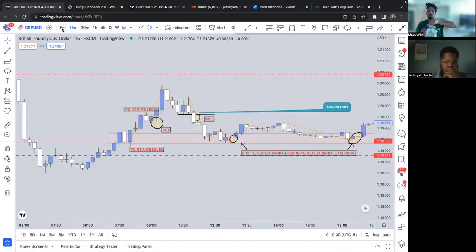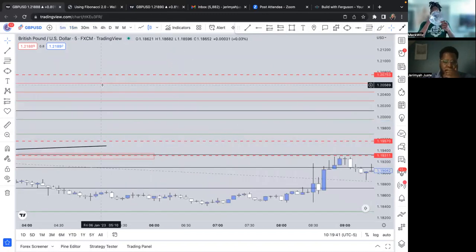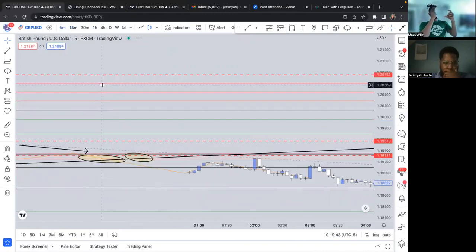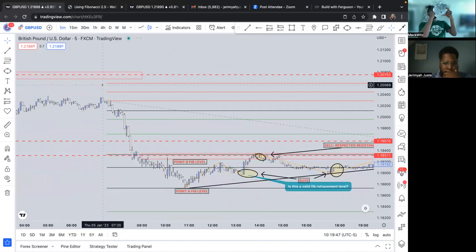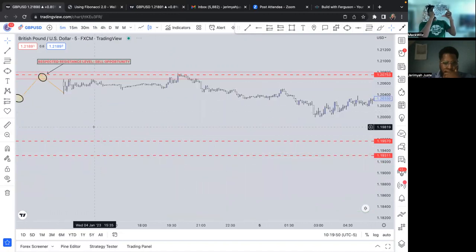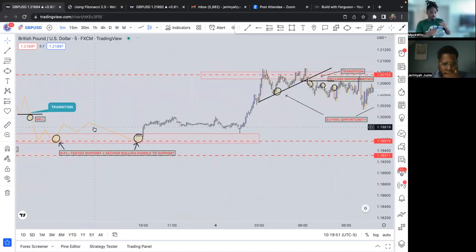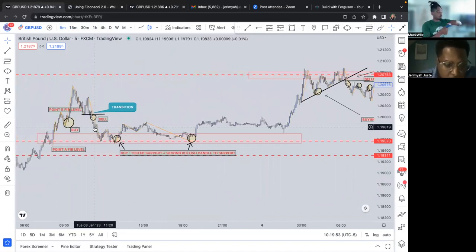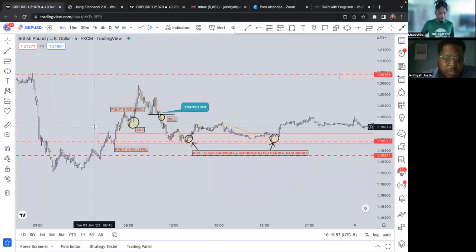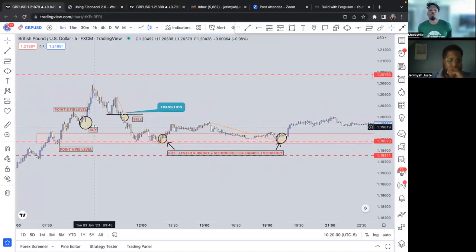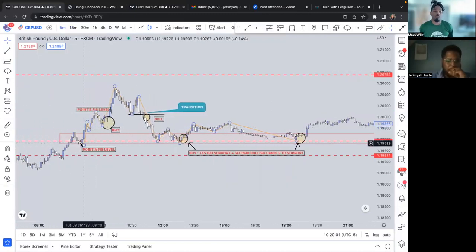So it must have been on the 5-minute that I saw that. When I went to the 5-minute, I saw that we had some higher highs, higher lows, higher high, higher low.